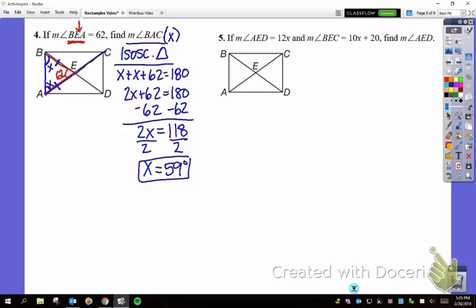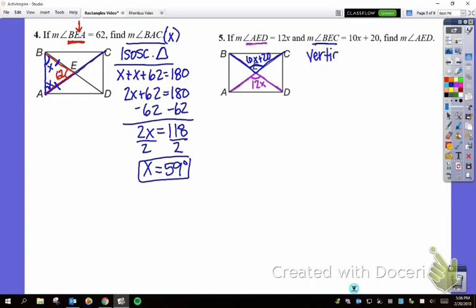Now on 5, we're still dealing with angles, but now we're looking at some different angles. We have angle AED, so AED, this angle right here, is 12x. And the measure of angle BEC, this angle, is 10x plus 20. Now, this is from a while back, but our diagonals here, our intersection, form an X, which means we have vertical angles.